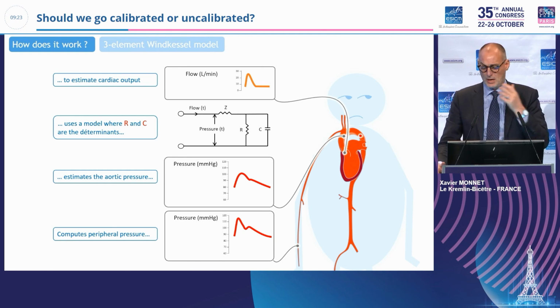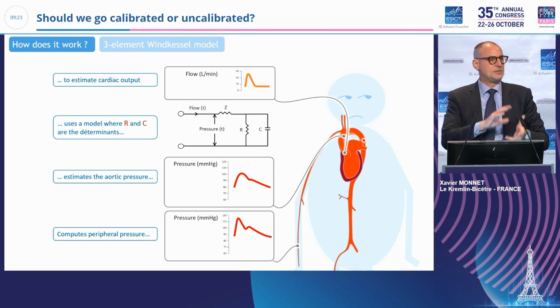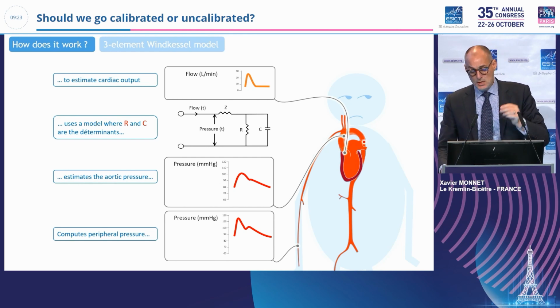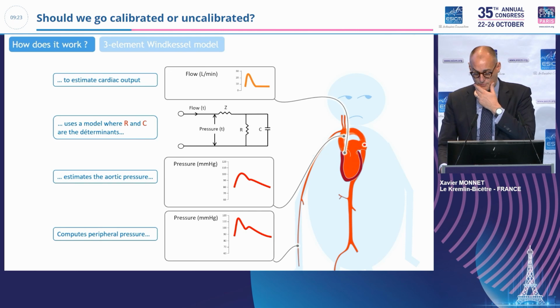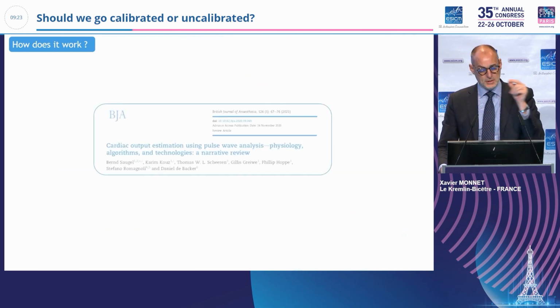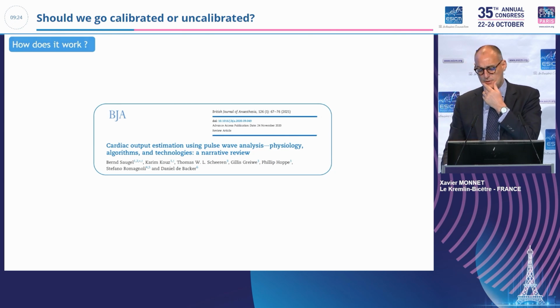And this estimates stroke volume and cardiac output. Roughly, it's the way it works. By the way, if you want to have a more precise description of all these algorithms, you should read this very, very nice and well-written review by Bernd Saugel and colleagues.